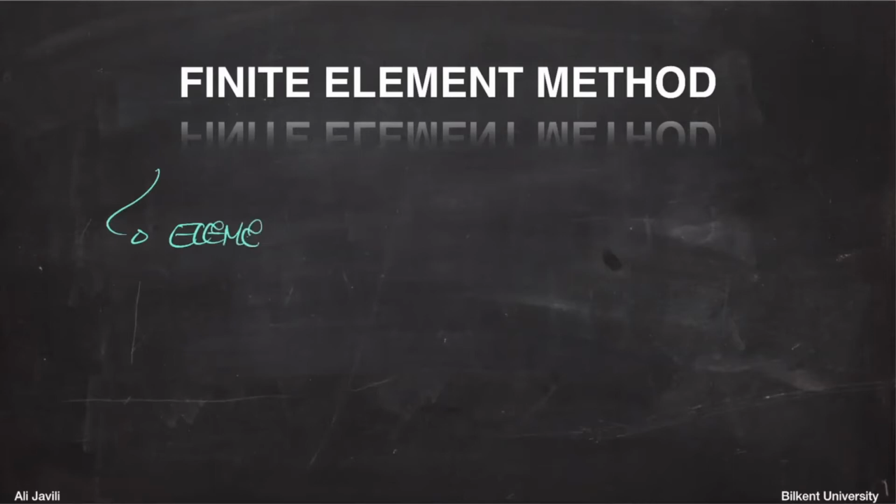So the first ingredient is basically elements, and again, as the name suggests, that's not a surprise. Now, these elements usually have their own corners, and we call them nodes.